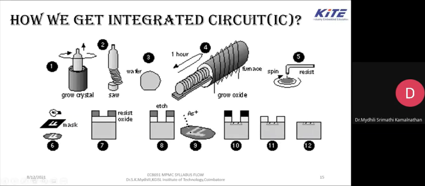So how do we get this IC? In order to know how these ICs are made, this is all irrelevant to your subject, but it is somehow related to the subject you are going to study, and why you study this subject. So you must know it. You have heard about Silicon Valley, right? Now also there is a demand for all these silicons, right?